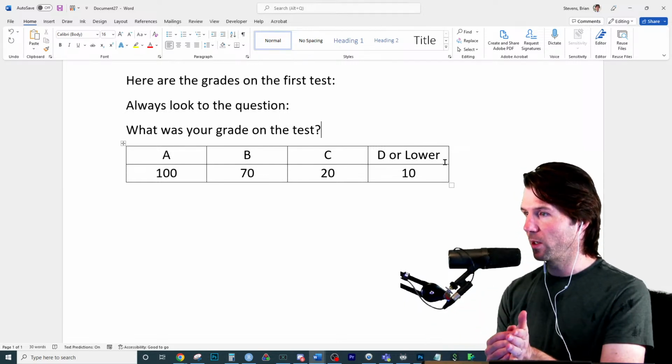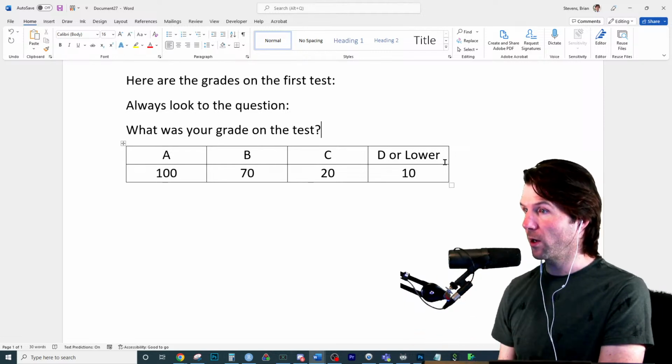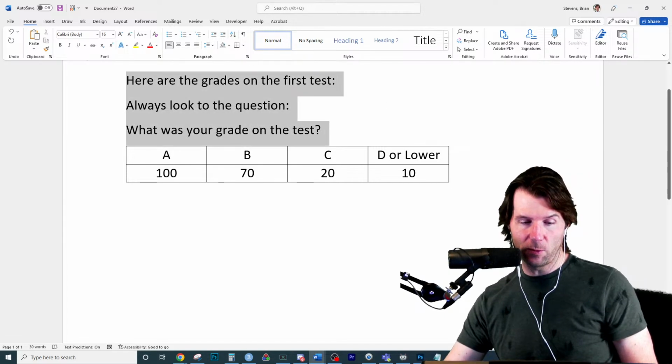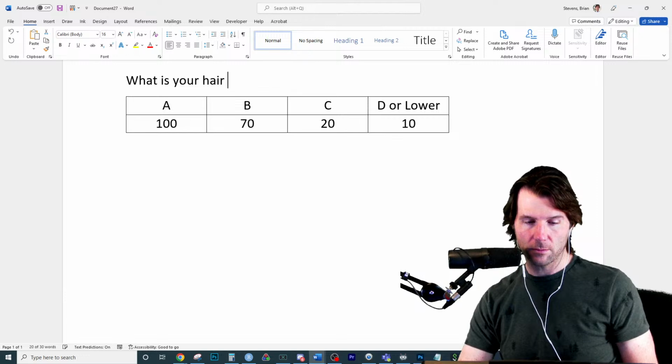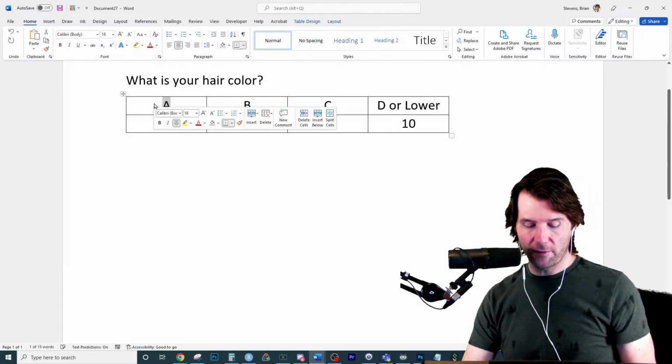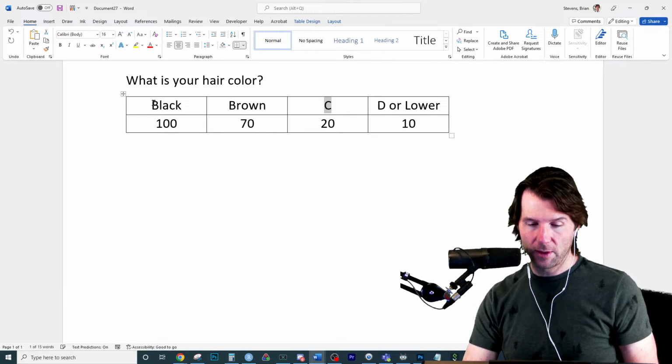So there are different categories. If I say, what is your hair color, is that quantitative or categorical? Nice and easy question. It's categorical, right? So now we would have here black, brown, red, blonde.